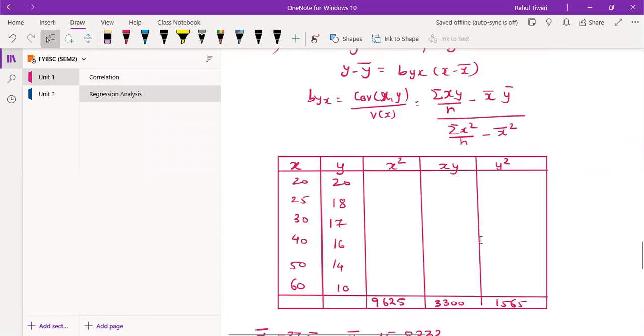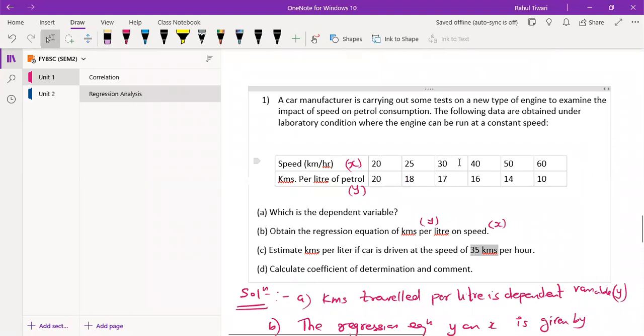So if the speed given is 35, look carefully, 35 is not given here. But suppose I say 30, for example, you will still get some petrol consumption. But this is not the estimated value. This is the usual value, the data which they have. This is not the actual estimated value based on the model.